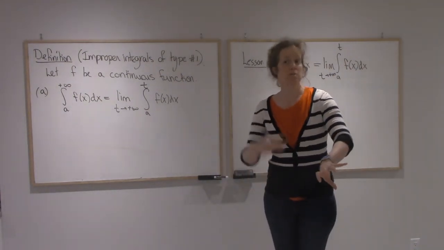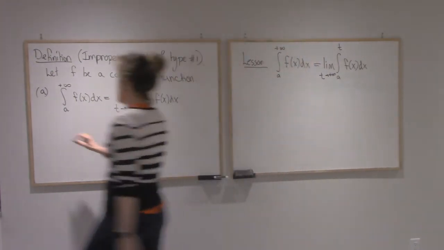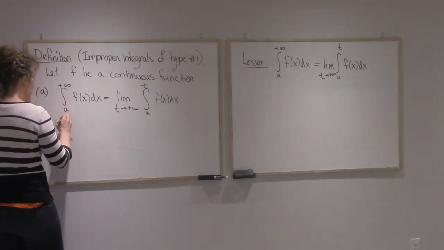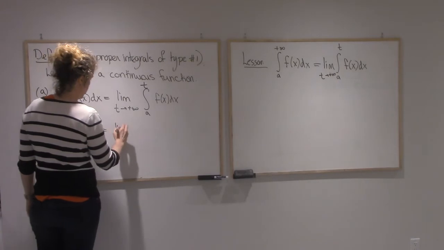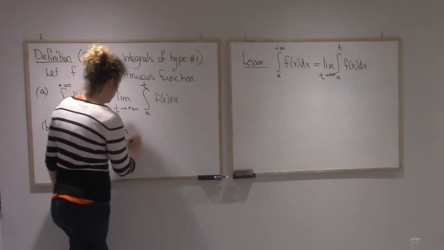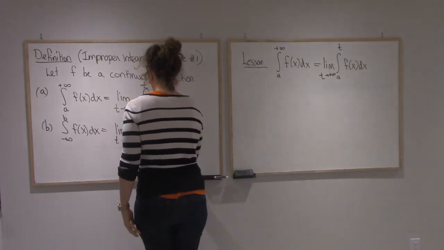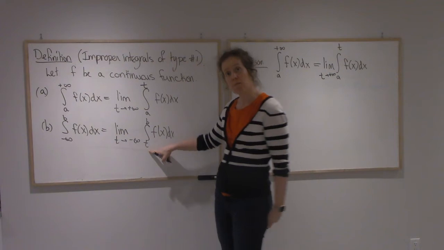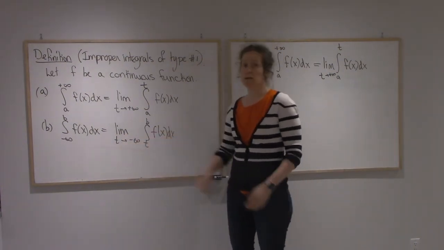I'm going to replace that minus infinity by t and send t where I want it to go. So here, if I have minus infinity to b, in this case, I replace the bottom bound, which was minus infinity, by t, and then send t to minus infinity.